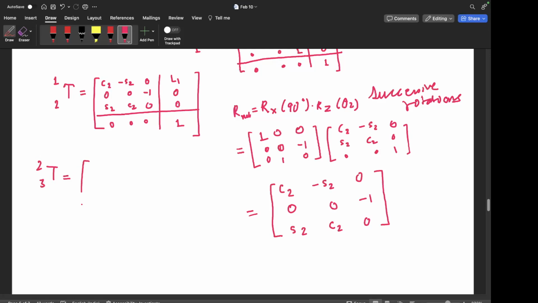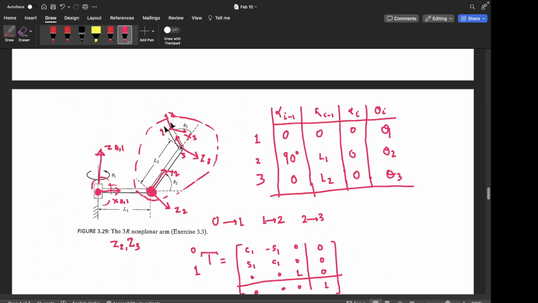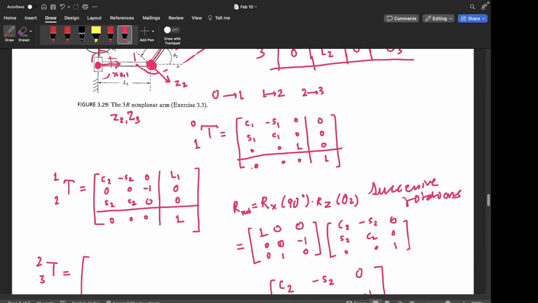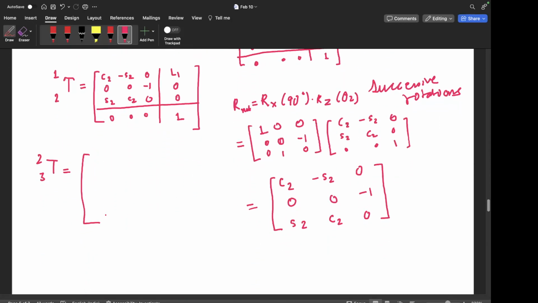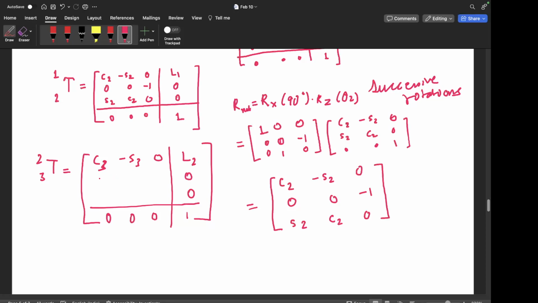Okay, 3 to 2 is again straightforward. There is only a single rotation involved about theta 3, and there is a translation by L2, which you can write very easily. Displacement by L2 and rotation cos theta 3, minus sin theta 3, 0; sin theta 3, cos theta 3, 0; 0, 0, 1.